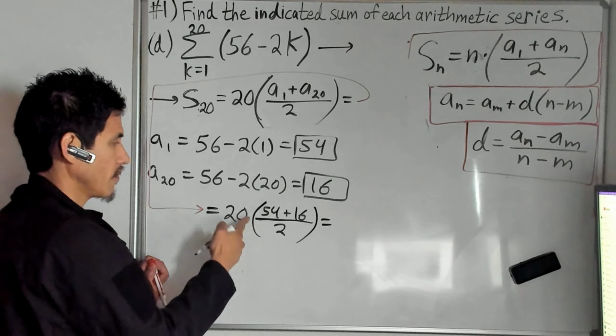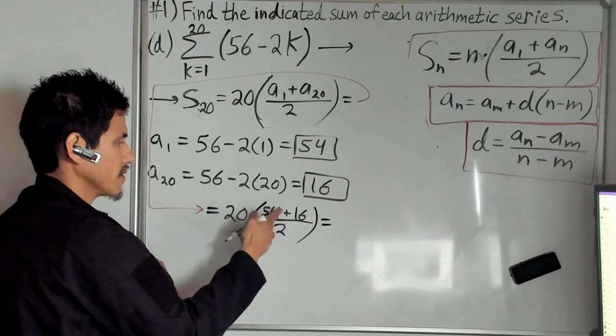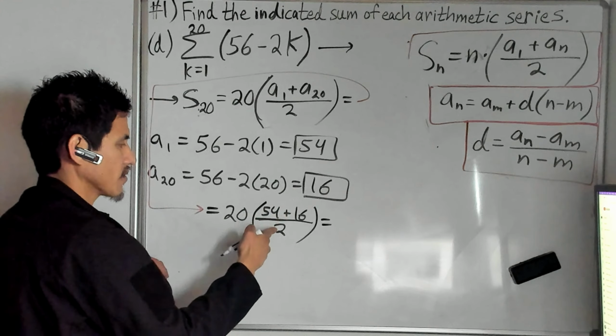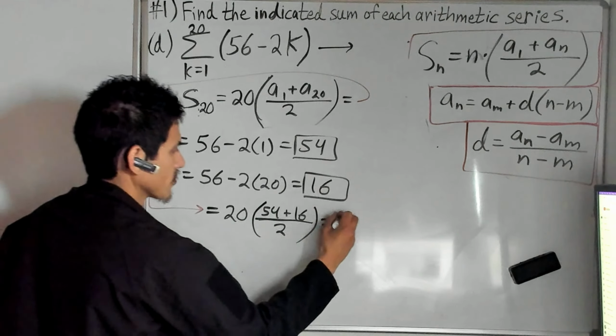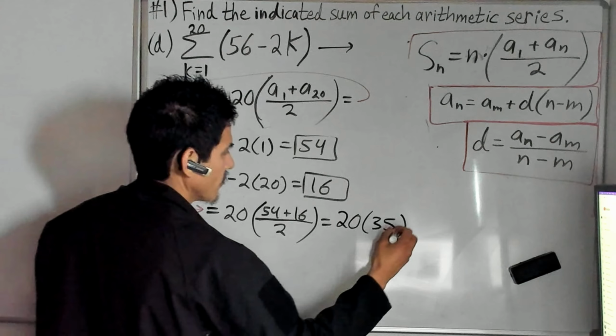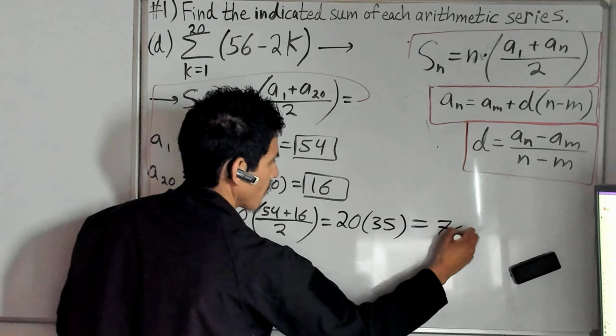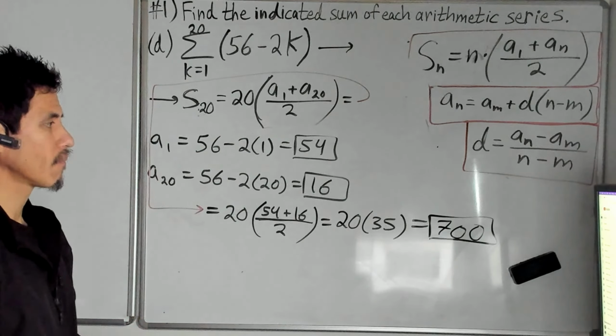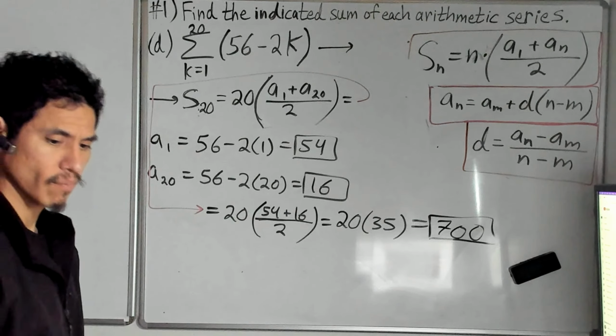Do the math. 54 plus 16, 70, 70 over 2, 35, so 20 times 35. 10 times 35, 350, so it's 700.